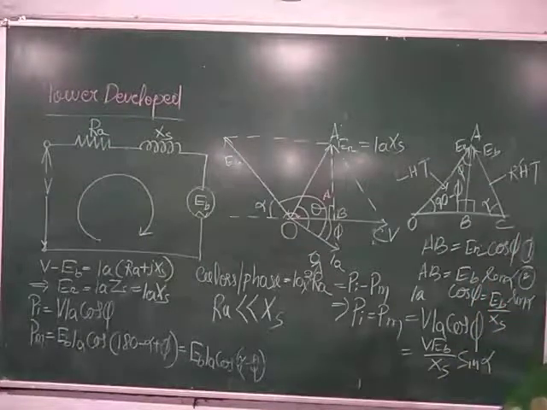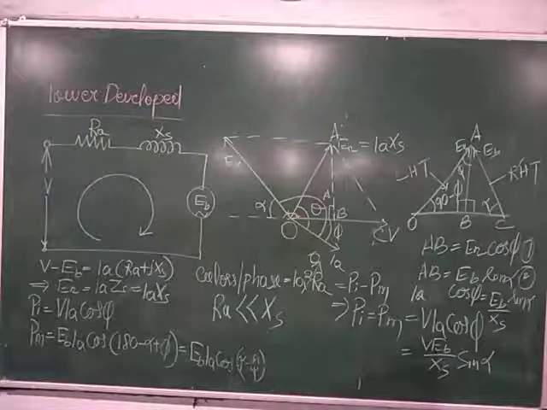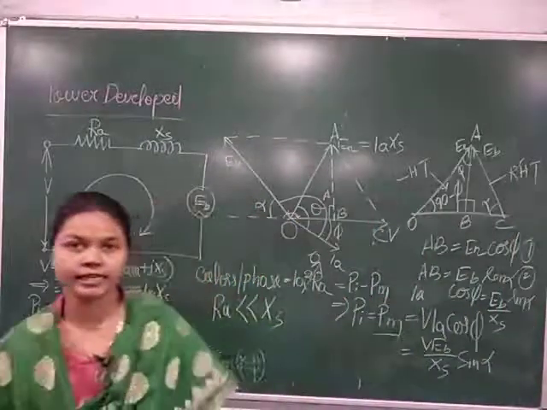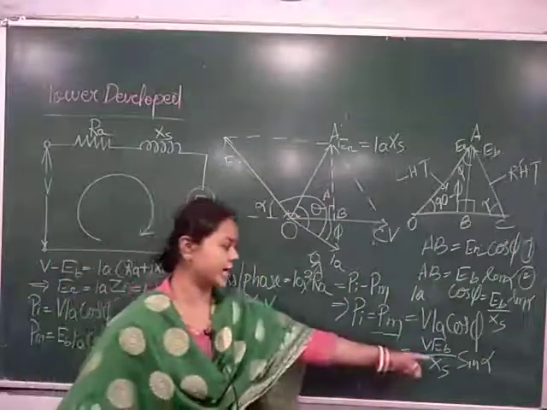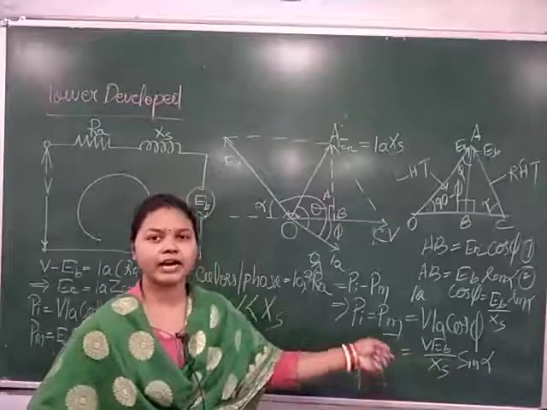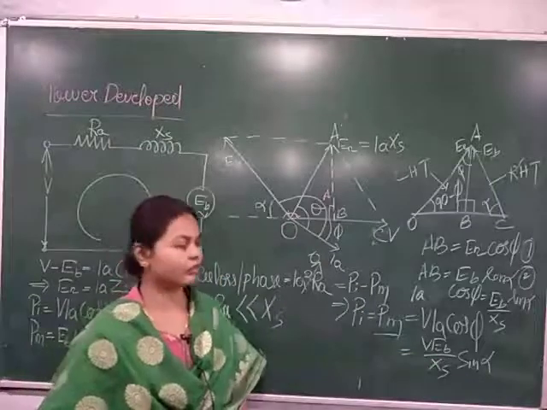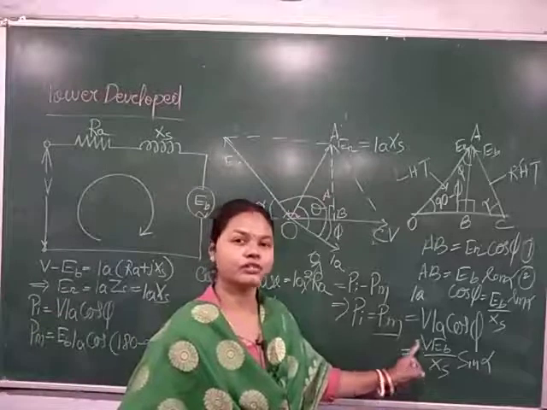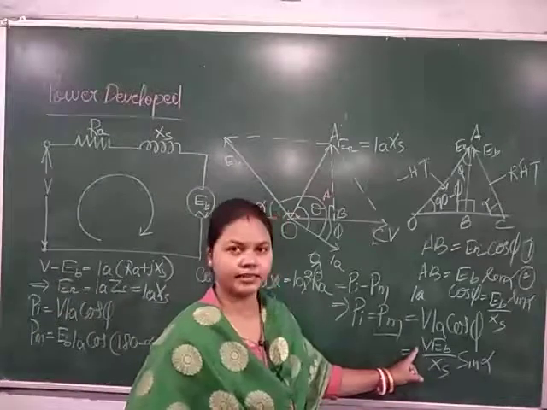So up to this derivation, students, you are very clear that the mechanical power developed in a synchronous motor depends upon the load angle alpha. When alpha increases, its value also increases, and this value is the per phase value. For three phase, you multiply by 3 here.